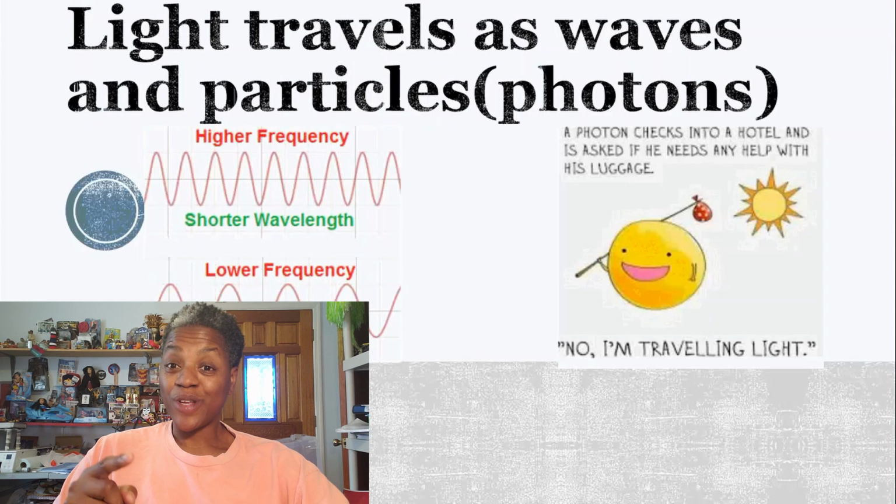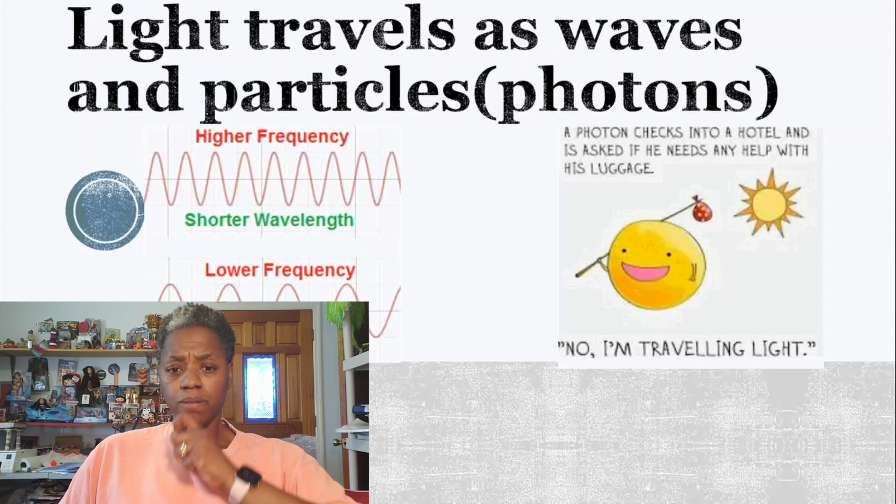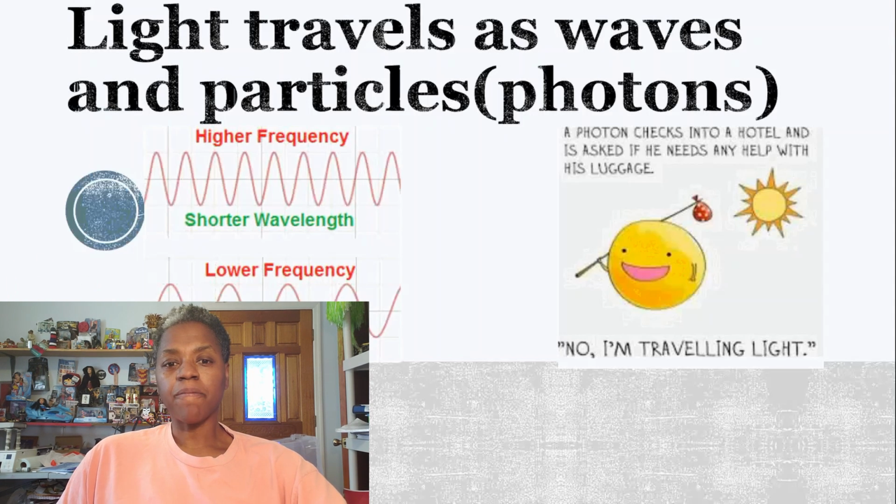And if you recall from when you studied this in middle school, light has frequency and it has wavelength. Waves have frequency and wavelength. So, when we talk about frequency, we look at how many waves pass a point. So if we look at this point right here, this line, see this line right here? If we look, this top wave is going to have more waves pass than the wave on the bottom.